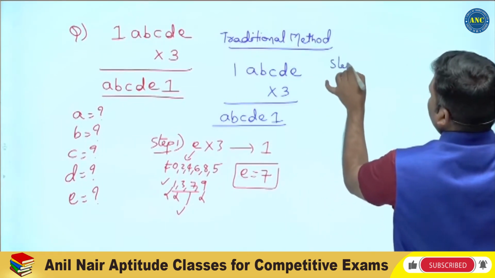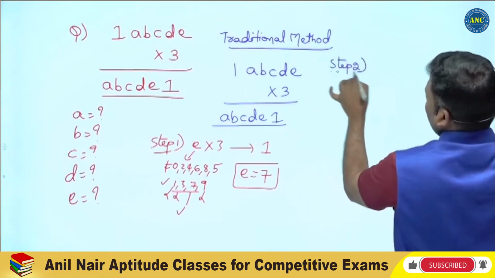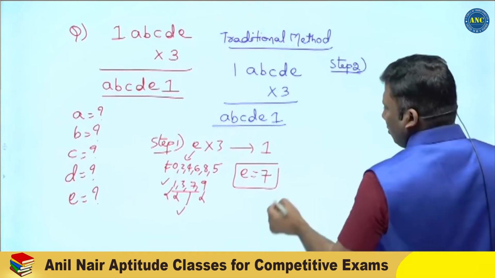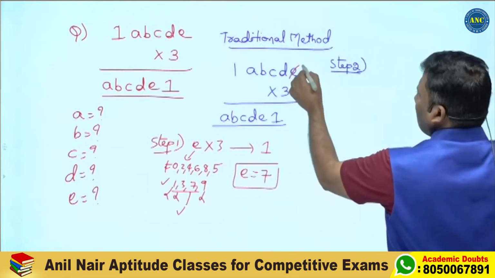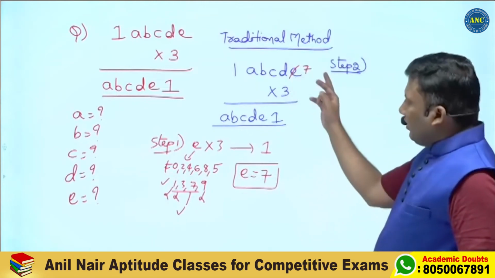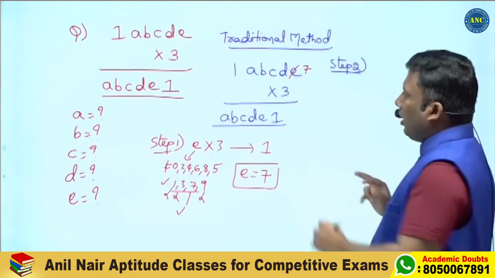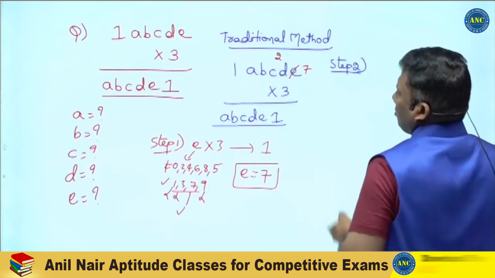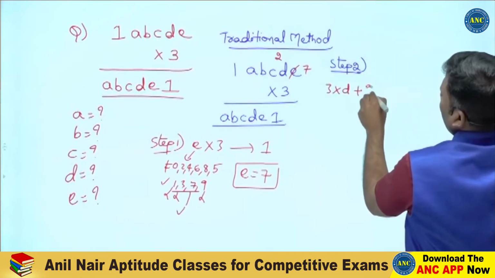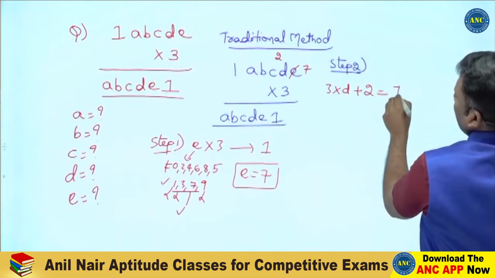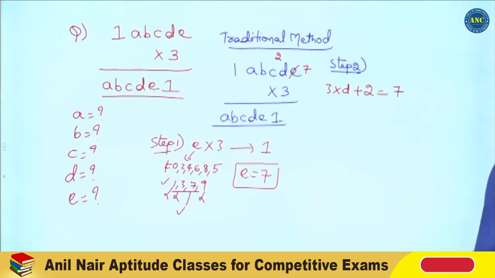Step 2. Lengthy process. The E value is decoded as 7. 7 3s are 21. 1, 2 carried. So the next is 3 into D plus 2 is equivalent to E, which is 7. 3D plus 2 equivalent to 7.